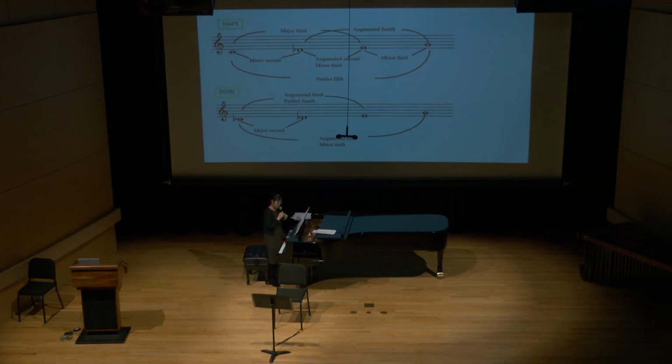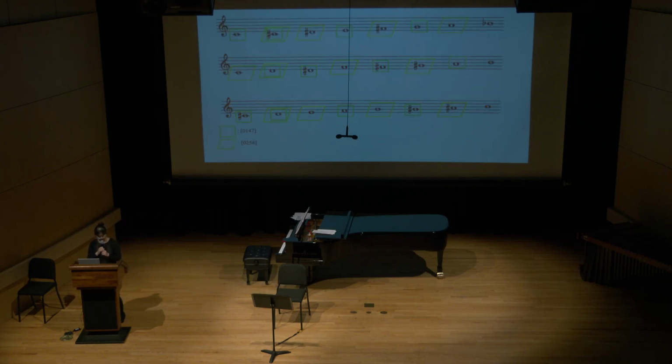And it is also worth mentioning that because of their formation, each octatonic scale can easily extract both sets. Okay, so you can see the 3 octatonic scales and the 0147 and the 0258 sets.